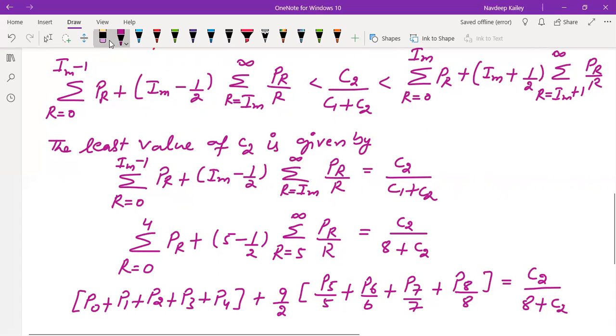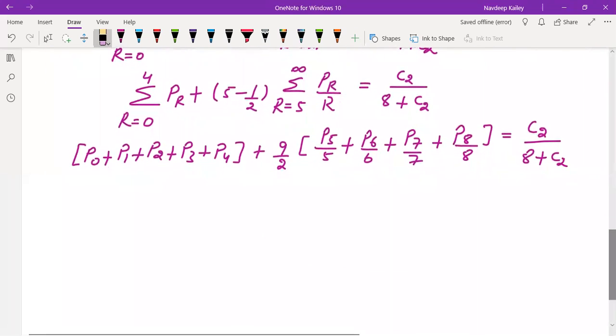Now we have all the values of probability from P0 to P8, put in this equation.